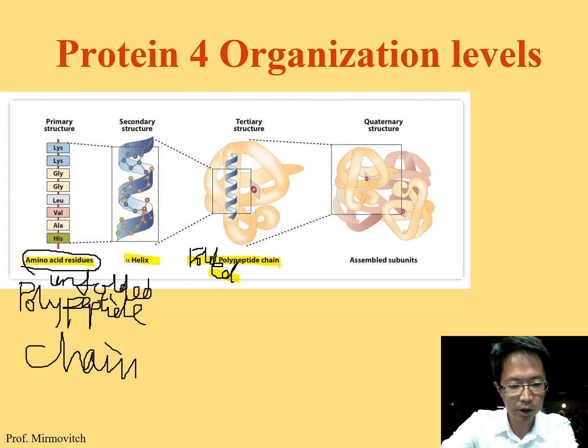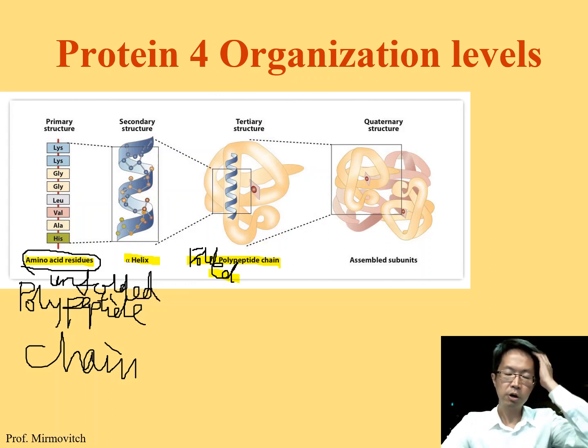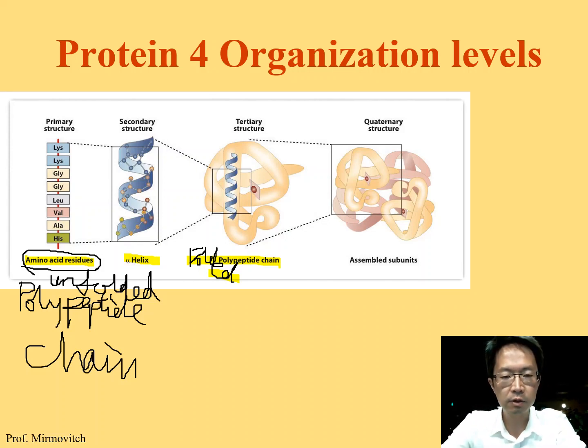Unfolded polypeptide chain. And then you have secondary structure, alpha helix and beta pleated sheet, and then you have the folded tertiary structure, and then assembled unit. Okay, this is a good assembled tertiary structure. Then we got the quaternary structure.